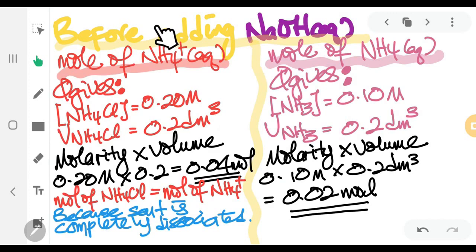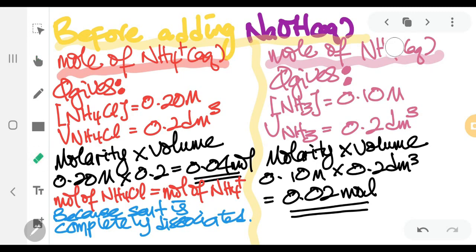Like what we have done for the first two questions, we're going to find the number of mole for NH4 plus before adding the sodium hydroxide. This is the method that we used just now. We use molarity times volume, and we get 0.04 mole of NH4 plus aqueous. Remember, the mole of your salt will be the mole of your conjugate acid, NH4 plus, because the salt is completely dissociated. We also have to find the number of mole of NH3.